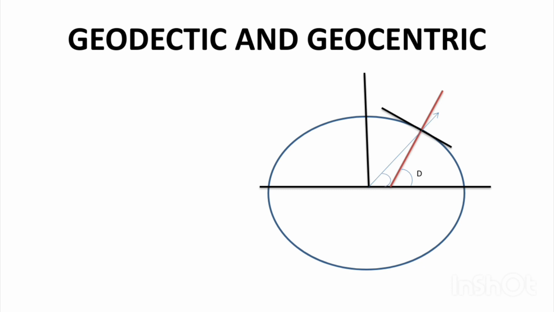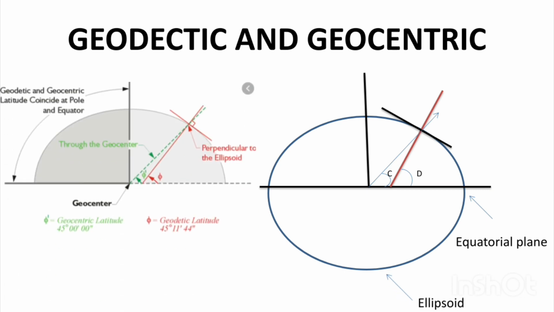I will denote it by capital C. So D will be your geodetic latitude and C will be your geocentric latitude. Also, you can see the other figure. This is similar to the diagram I have drawn here, but I have drawn it step by step so that you can understand it in a better way.